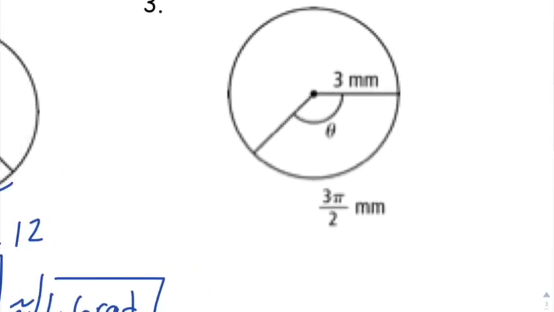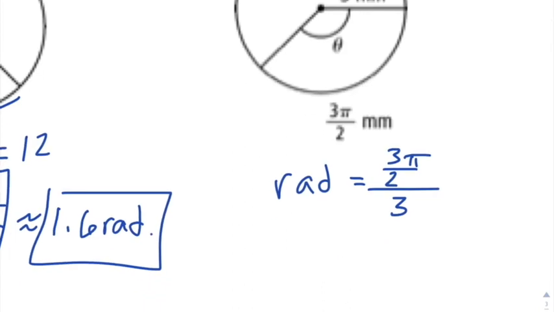All right, look at this next one. The radians equals 3 pi over 2, and we're going to divide that by the radius, 3. If you didn't have a calculator, you can also do keep change flip when dividing by a fraction. So we multiply by 1/3.